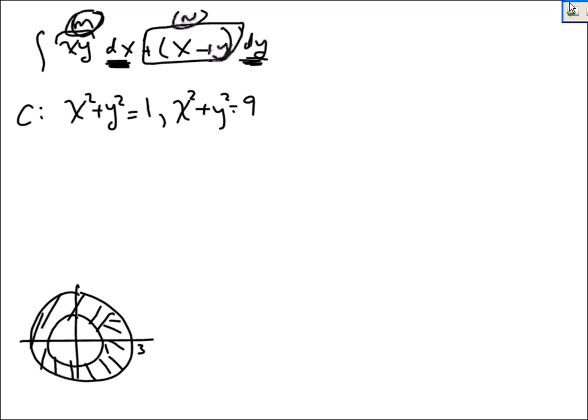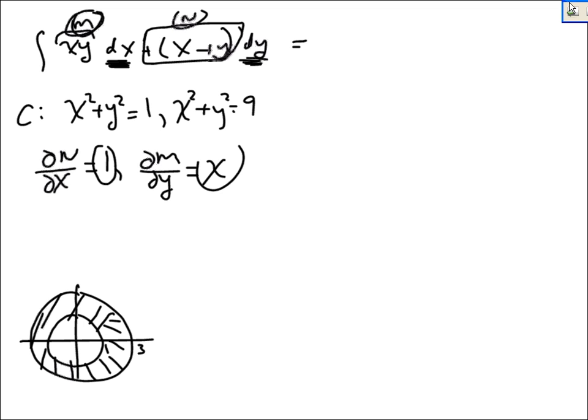Okay, so now the partial of N with respect to X is 1, and the partial of M with respect to Y is X. So this becomes the double integral of 1 minus X dA.